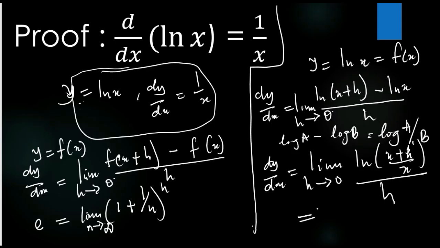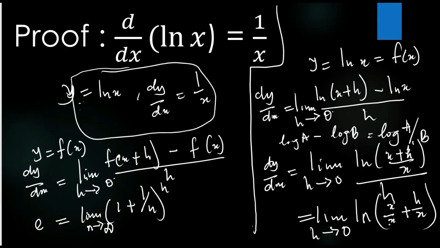Now, this is the same thing as the limit as h tends to 0 of ln of x over x plus h over x, all over h. All I've done is split this cumbersome expression so that x over x is 1.